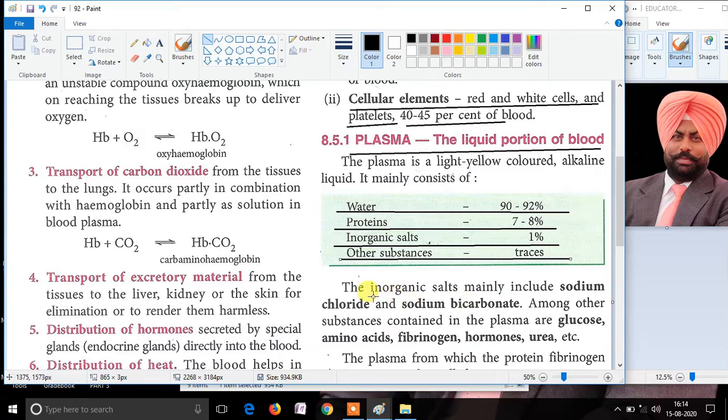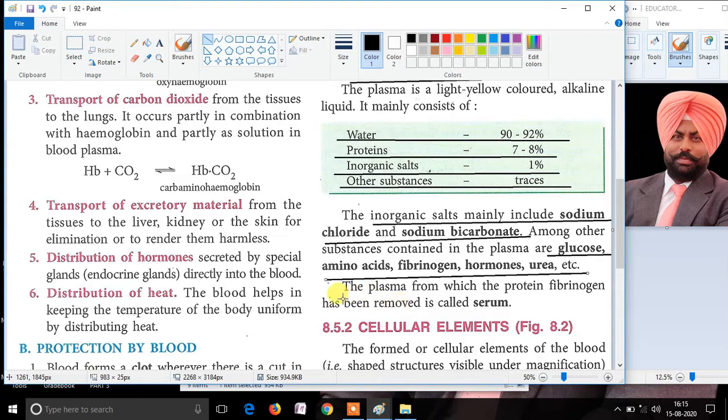The inorganic salts mainly include sodium chloride and sodium bicarbonate, while the substances present in traces are glucose, amino acids, fibrinogen, hormones, and urea. So plasma consists of water, protein, inorganic salts, and organic substances.